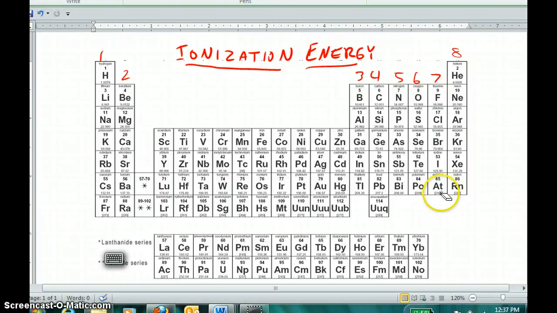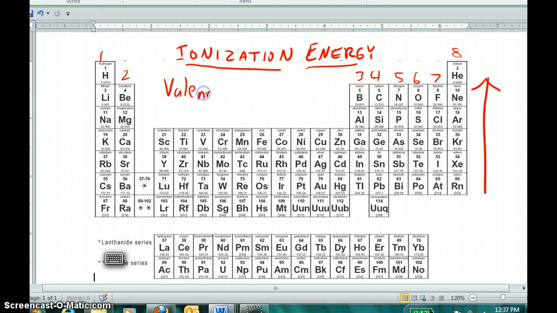Now, there are two general trends that we see. One is within a given group on the periodic table, such as group 8 or any other group. Generally, we're going to see an increase in ionization energy as you move up through the group, for a very simple reason. The only thing that's changing from atom to atom within the same group is the valence level.